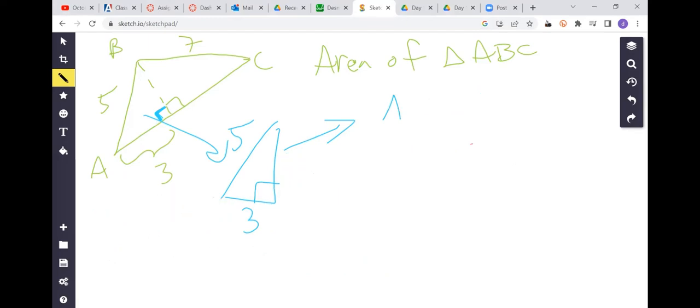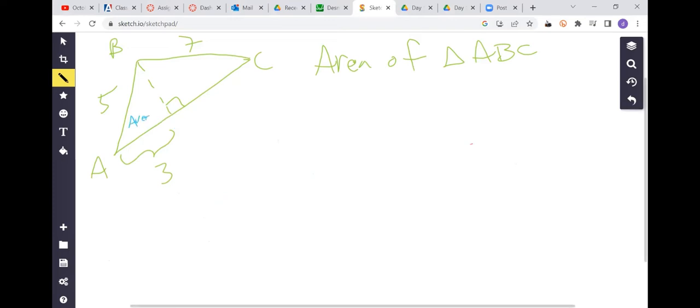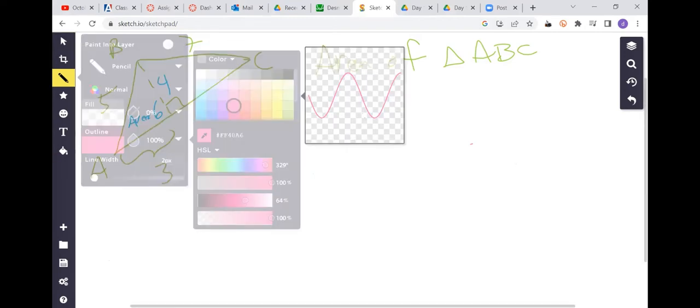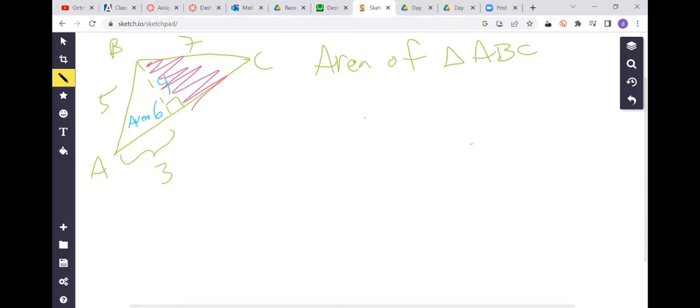Let me get all this out of the way. The only thing I want to keep is that the area is 6, and also that this is 4. All right. Now why don't we focus our attention on this triangle here in pink? Let's draw it down there. It looks like this, where this is a 4 and this is a 7, and this is 90 degrees. And this now is unknown.